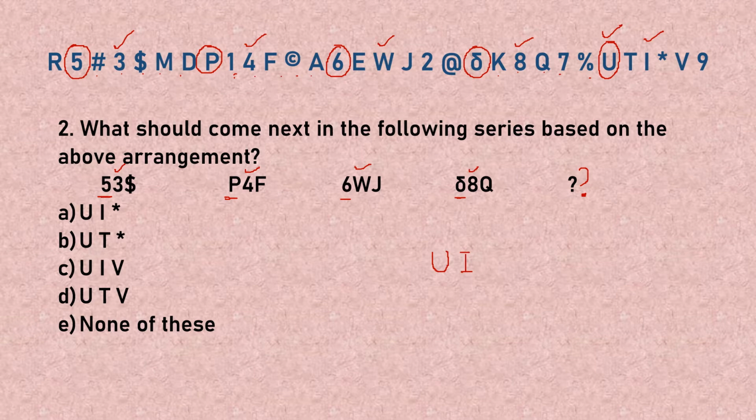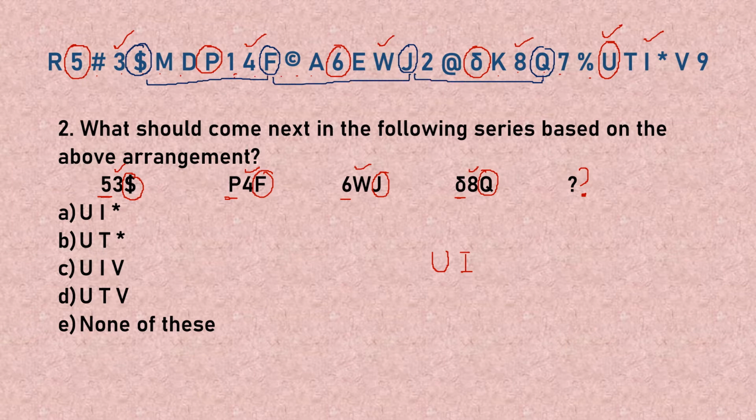Now let us check for the third symbol in the same way. We have a dollar sign, then an F, J, Q. Let us change the color here so that things don't get messed up. So we have a dollar sign here, an F, then a J and a Q. Again I can see a difference of 5.